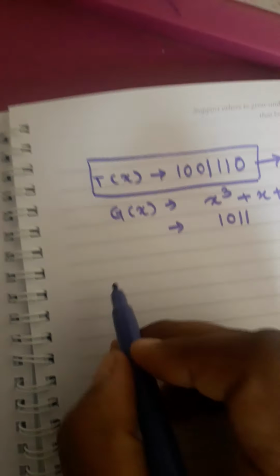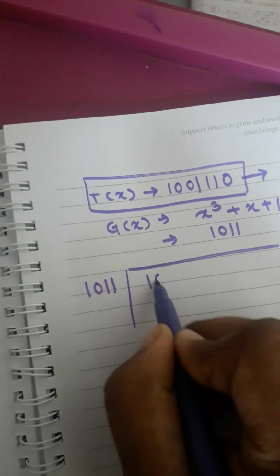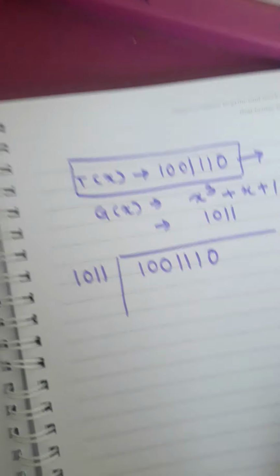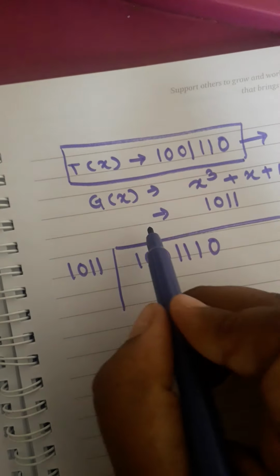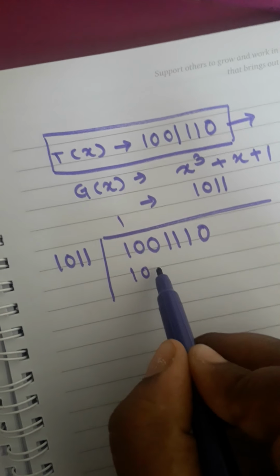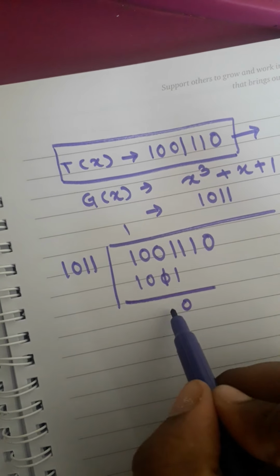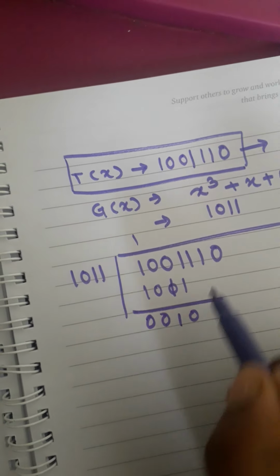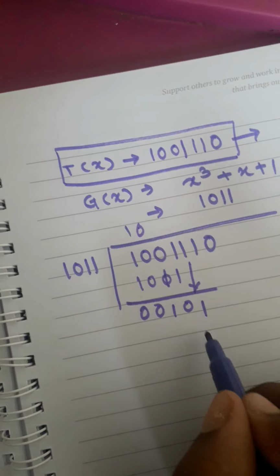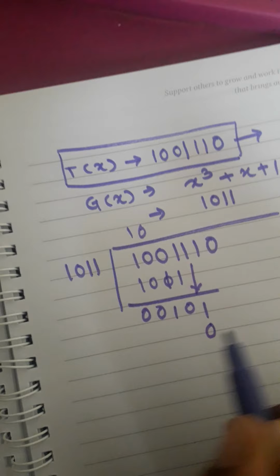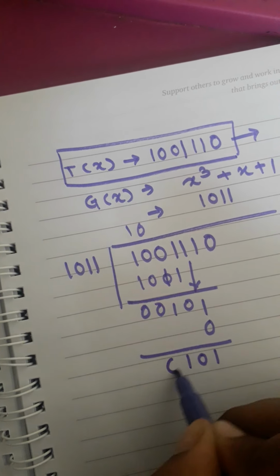Now the receiver is also going to perform the same operation, 1011 on 1001110. This has been received by the receiver, right? Now he is going to perform the same operation, 1011. So 11 becomes 0, 0, 1, 1, 0, 0, 0, 1, 1, 0. Take this one here, smaller, the first bit is 0, so just put the 0 here. 101010.